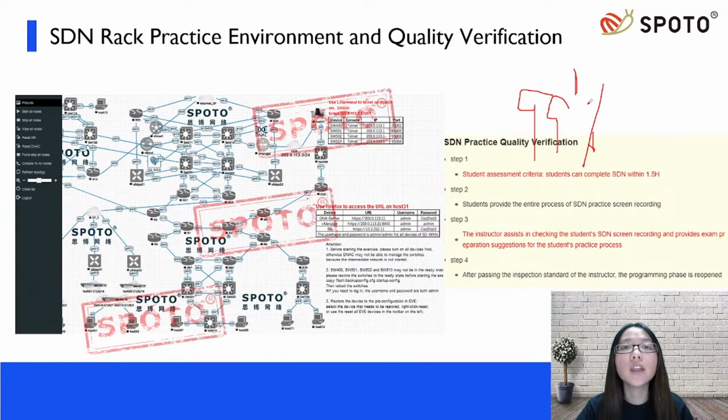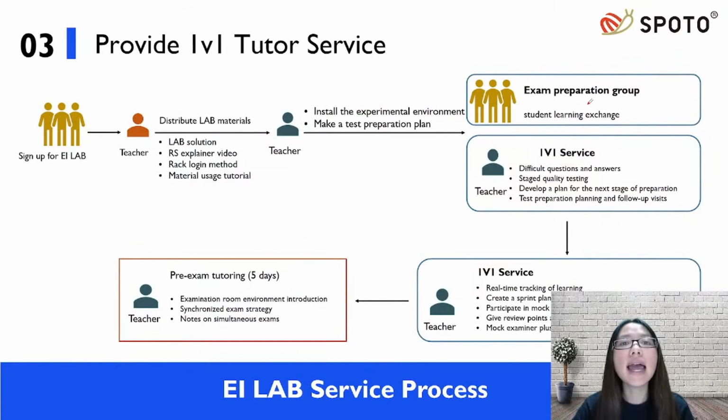Here I would like to briefly introduce our service process and what you can get if you choose our CCIE lab training course. First of all, we provide one-to-one service at a VIP level, and we will distribute EI lab solutions or study material that are the same as the exam content.